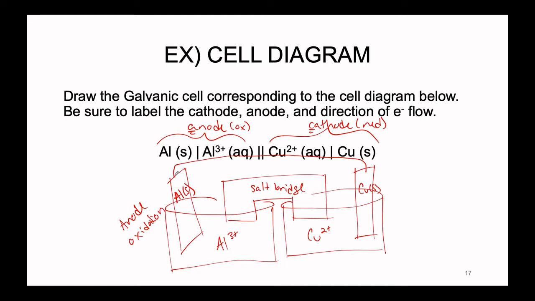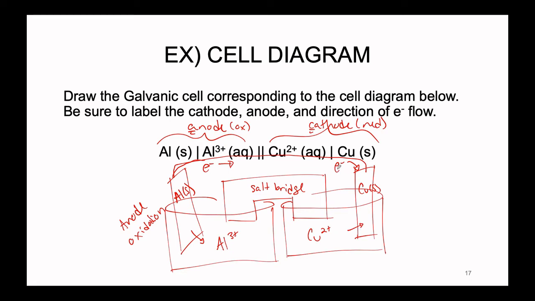So we are going to be losing some aluminum solid. As the aluminum solid slowly dissolves into solution, we're going to get a flow of electrons from this aluminum solid up into the wire, moving towards the copper solid, which is down over here. This copper solid then is going to be pulling the copper 2+ from solution onto itself, combining with the electrons.